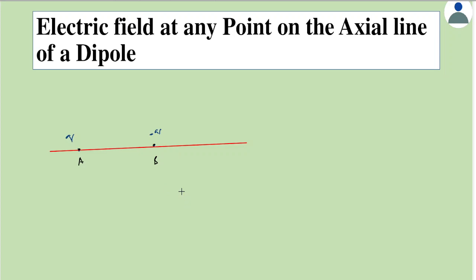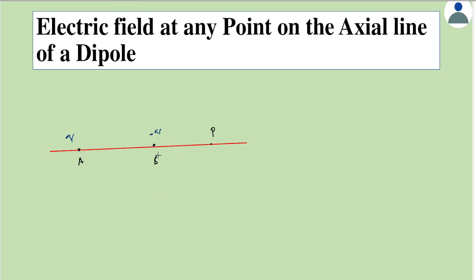Now we can take the point to be to the right of point B or left of point A. It depends on the book also. Some books will take the point to be to the right of point B or left of point A. In this case, let us take the point P to the right of point B. So our aim is to find the electric field at this point P. Now in this case, we need a reference point.